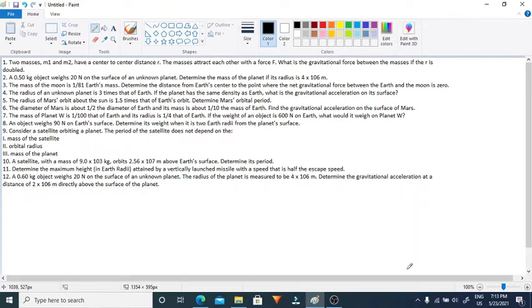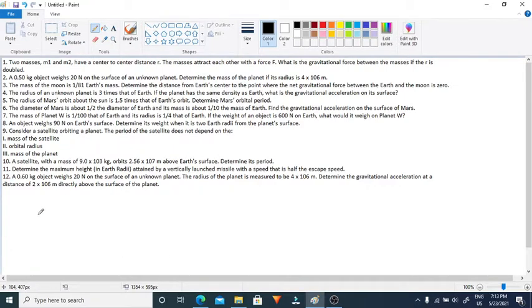Alright, question 6. The diameter of Mars is about 1/2 the diameter of Earth, and its mass is about 1/10 the mass of Earth. Find the gravitational acceleration on the surface of Mars. Okay, so this is a similar question to question 4, where we found the gravitational acceleration of that random planet.